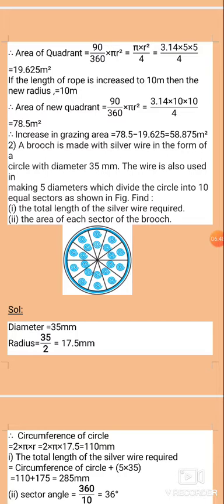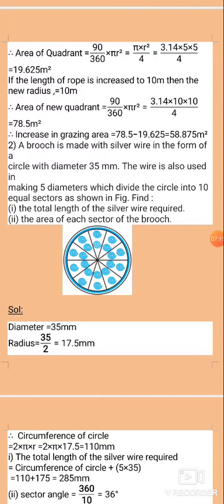Plus 5 diameters also there, using that silver wire. So 5 into 35 is the 5 diameters. Then 110 plus 175 is equal to 285 millimeter. Now we need to find out the second question, area of each sector of the brooch. But the sector angle is not given in this question.